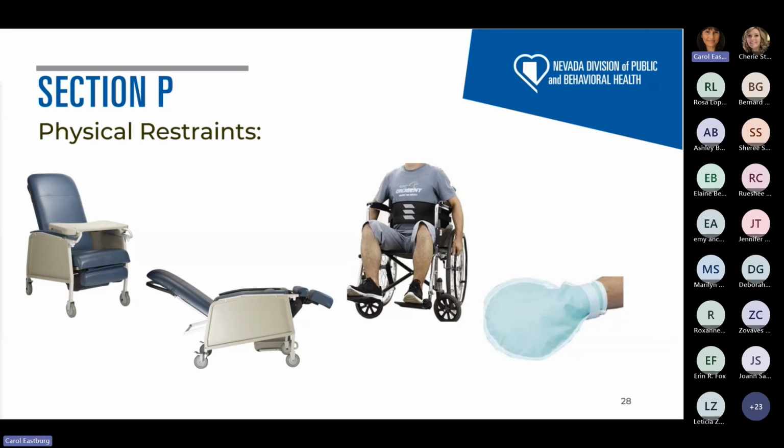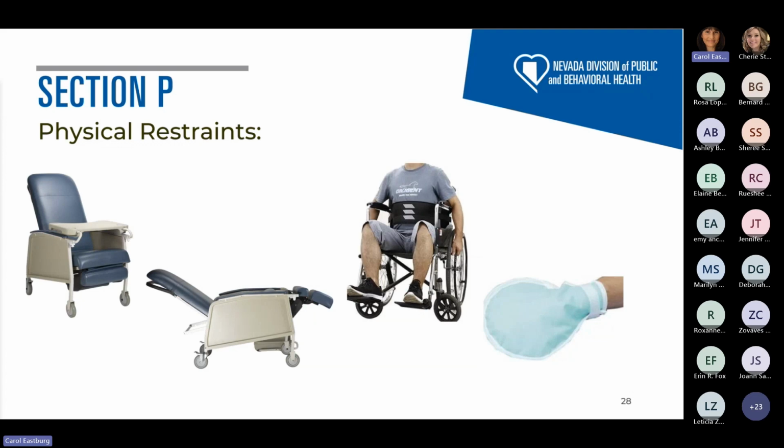Other methods of restraints include cushions, jackets, limb or hand mitts, trunk vests, and wrist restraints. Also, tucking the sheets in so tightly that the resident cannot move in bed would be considered a restraint.